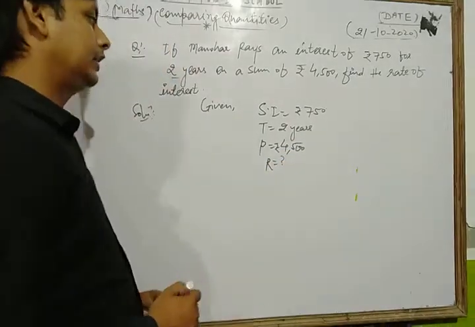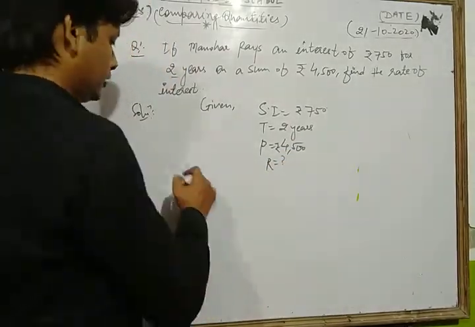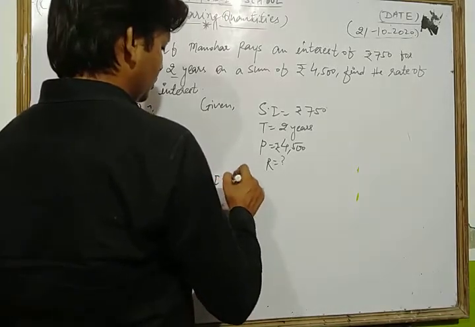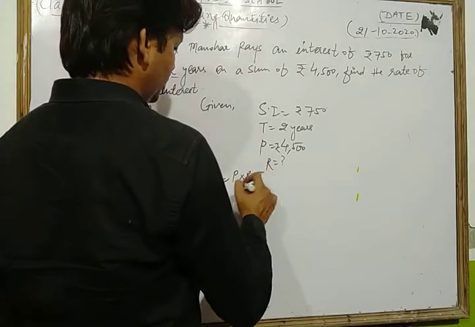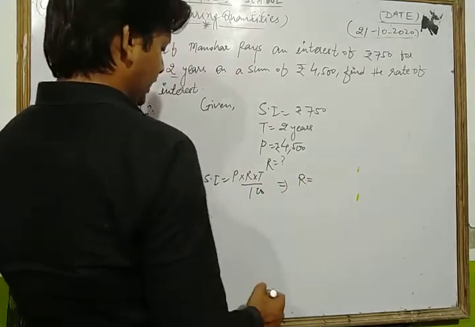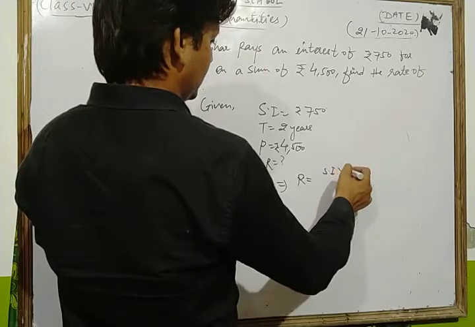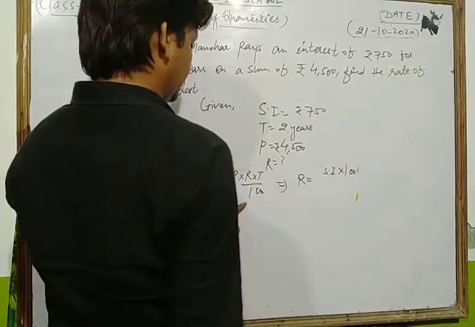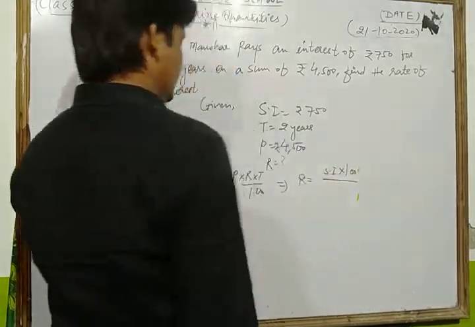Since simple interest is equal to P into R into T upon 100, the value of rate is equal to simple interest into 100 upon principal into time.